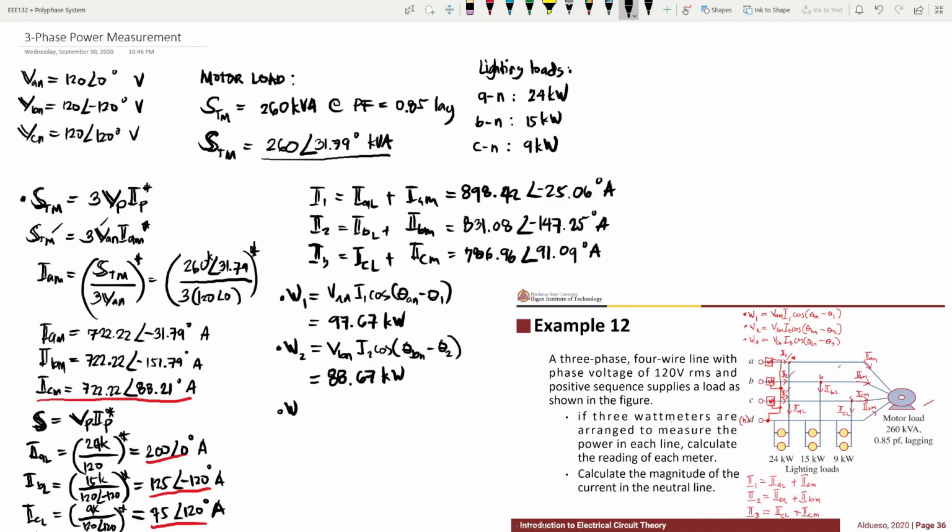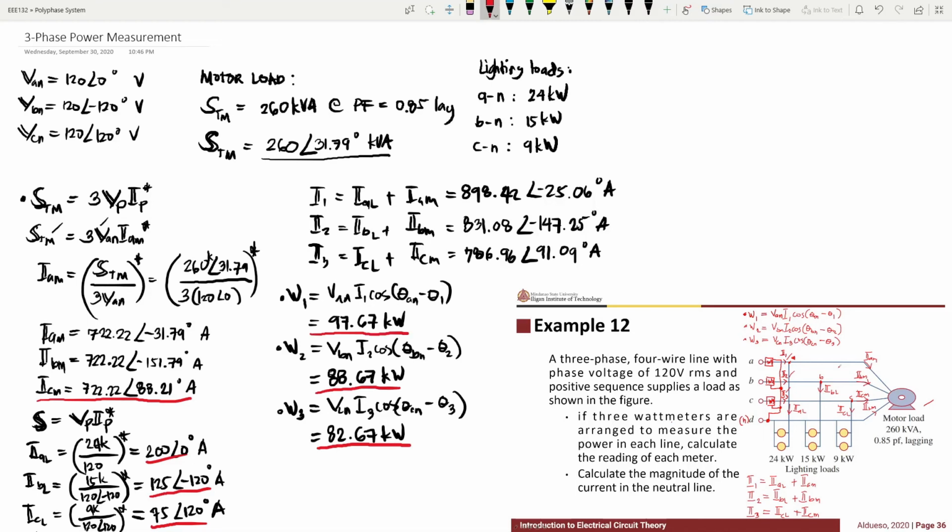Now for wattmeter 3, we have VCN, I3, cosine of theta of VCN minus theta of I3. We have 82.67 kilowatts.